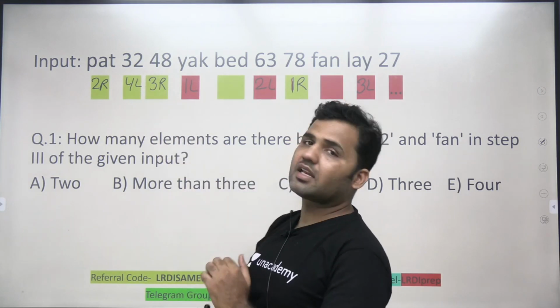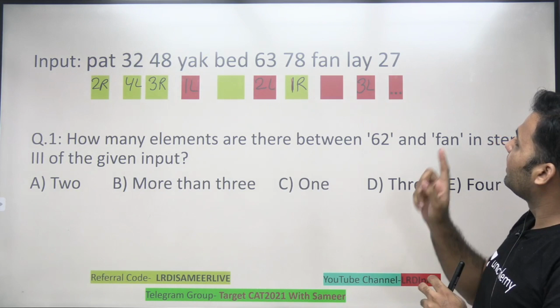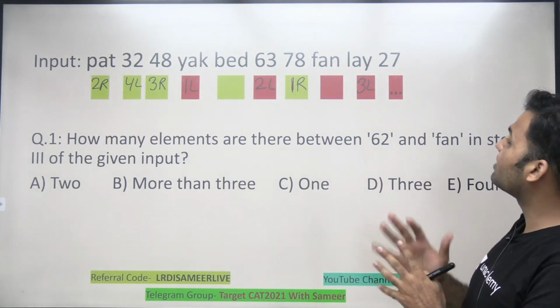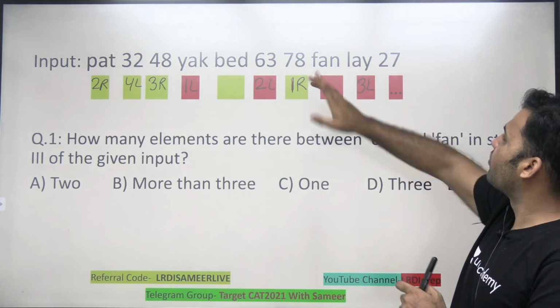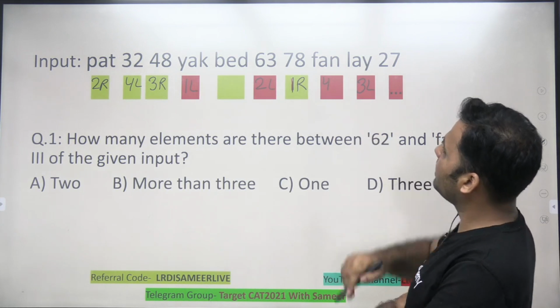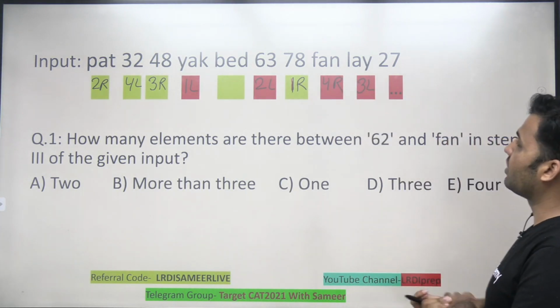So this will be ranked as 4L. Once you rank 32 as 4L, in the fourth step, the next highest alphabet is F. So this will be taken on the right hand side. So this will be ranked as 4R.